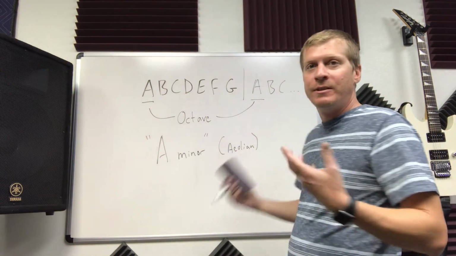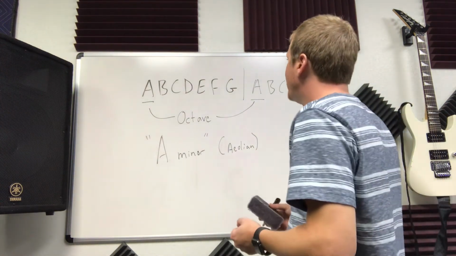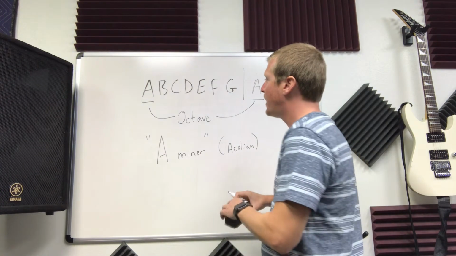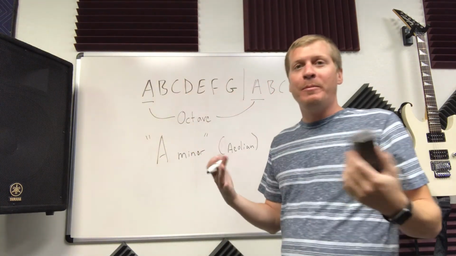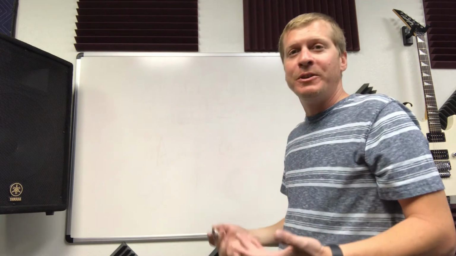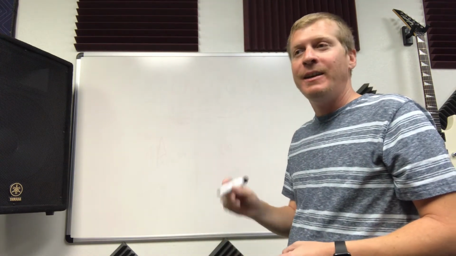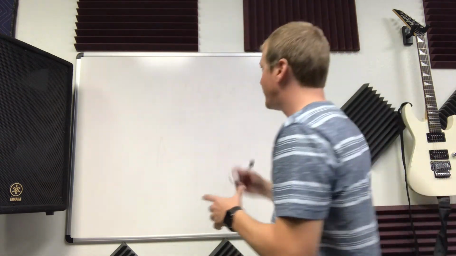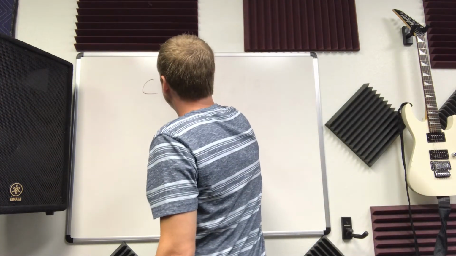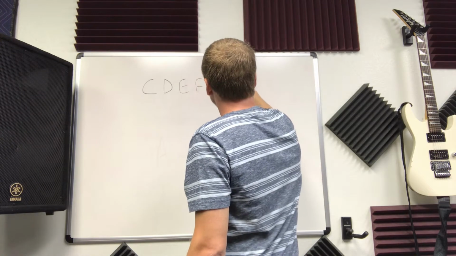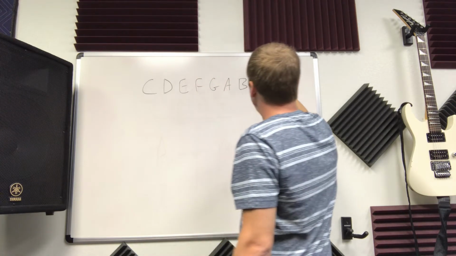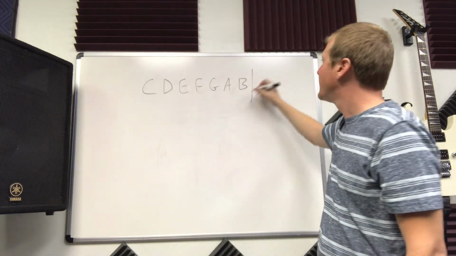Now, generally in music, we actually learn major scales first. It's kind of the first place to start from. So really what we're going to do is if we start on C and play 1 octave up from C, it will become a major scale. So if I write the musical alphabet again, starting from C, we will get C major. So C, D, E, F, G, A, B, and then we start over at the octave.